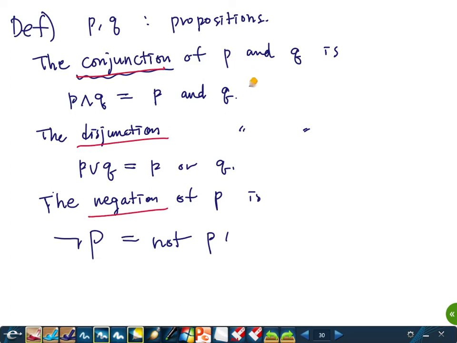Okay, so these are definitions, but not 100% precise. We need to define this: what does and mean? What does or mean? What does not mean? Of course you have some intuition, but you have to be very, very precise, not to make any possible mistake. So in order to define this more precisely, we need the following table called the truth table.